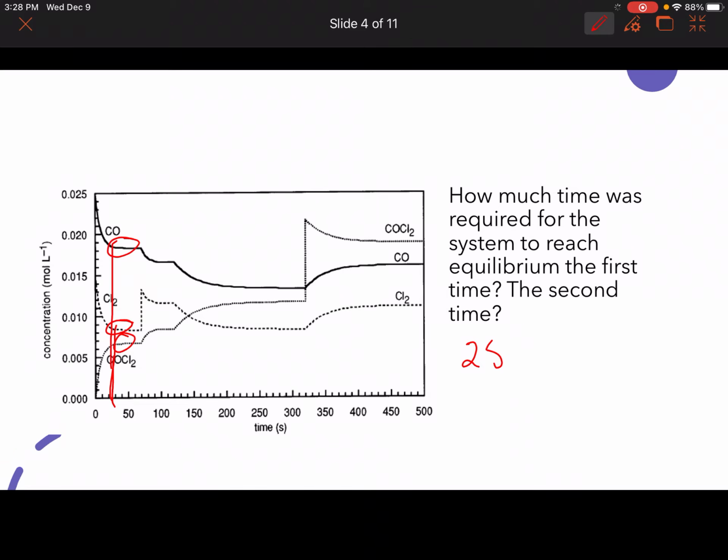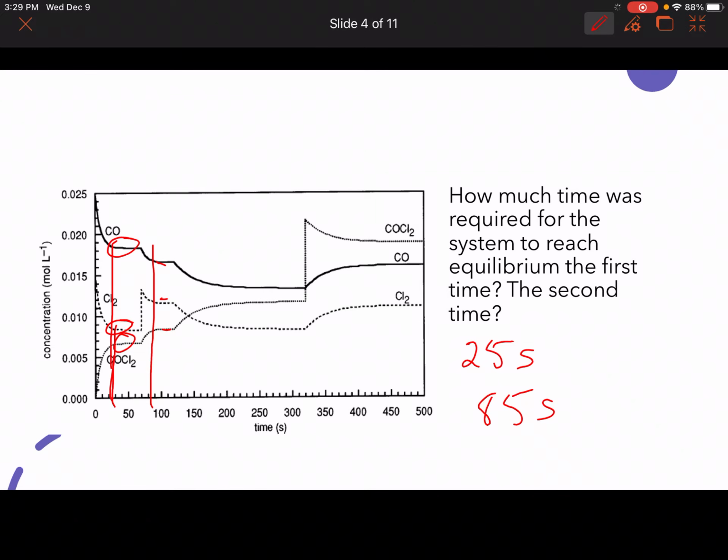Then we find our second plateau, and again I drop a perpendicular down, and it looks to be about 85 seconds.